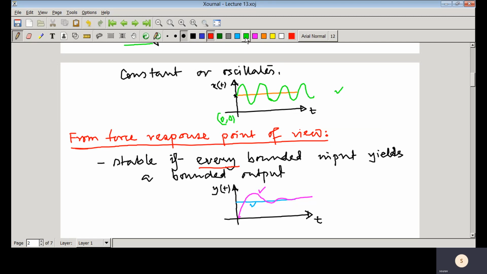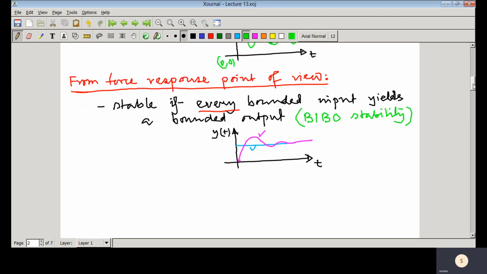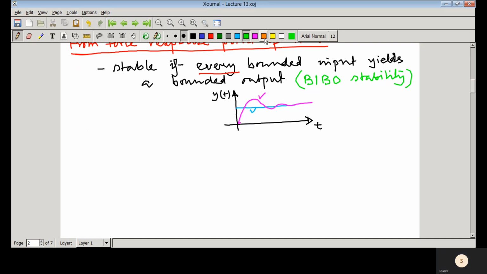So it has a name called BIBO stability. So this particular notion is called BIBO stability. BIBO stands for bounded input, bounded output. So this is very important in the case of linear time invariant systems.